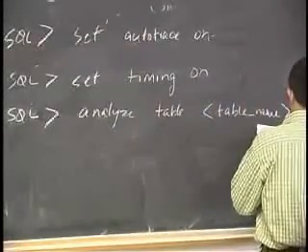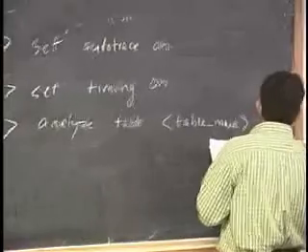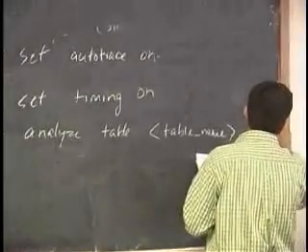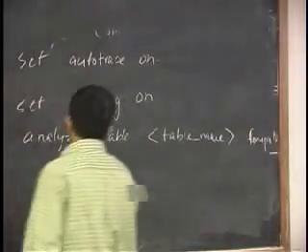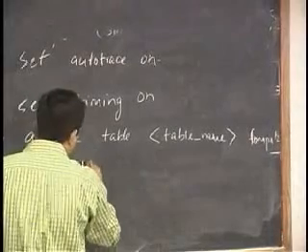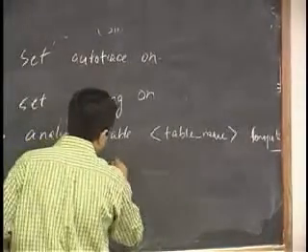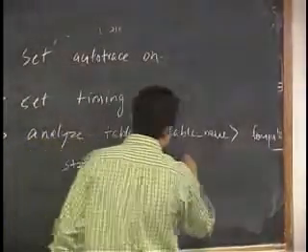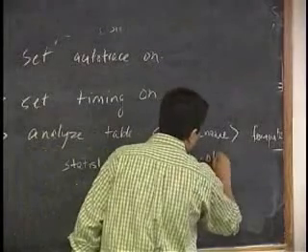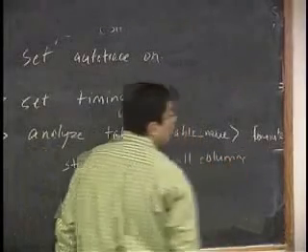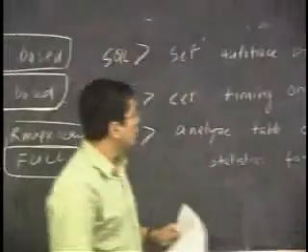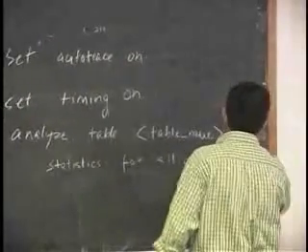for all, compute statistics for all columns. Is that on the far right side? After table? Compute, I should put it again.